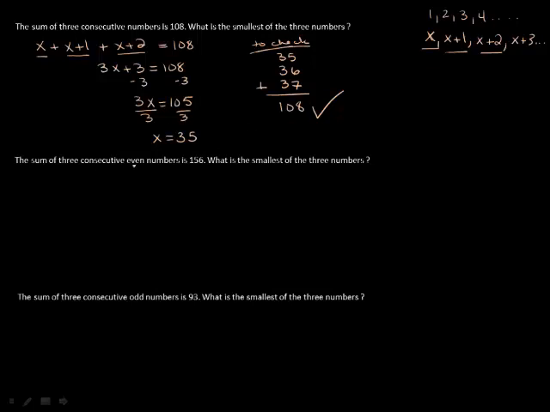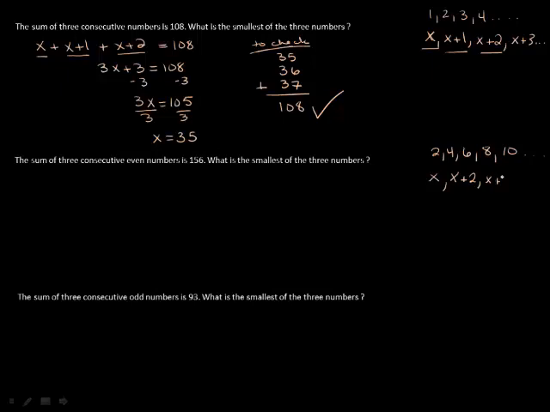Now, consecutive even numbers. We're talking 2, 4, 6, 8, 10, etc. If I say the first one is x, to go from a 1 to a 2, I added 1, but to go from a 2 to a 4, I add 2. To go from a 4 to a 6, I add 2 more.